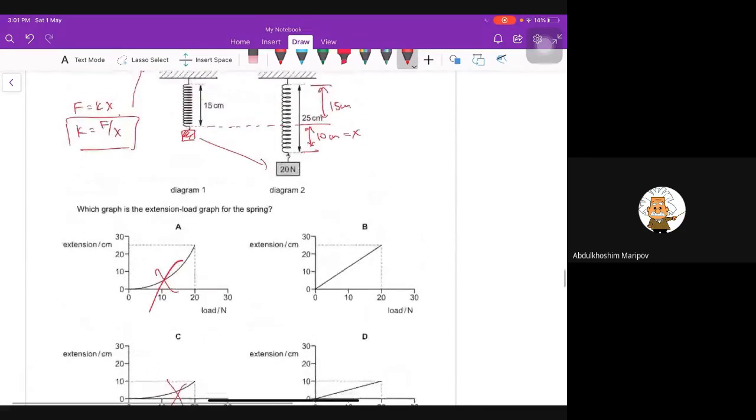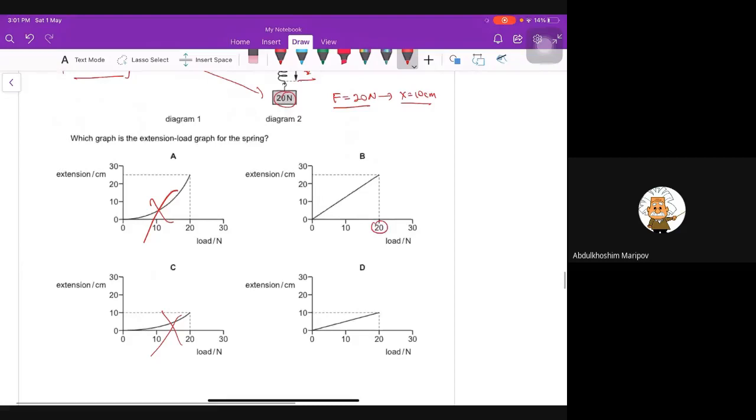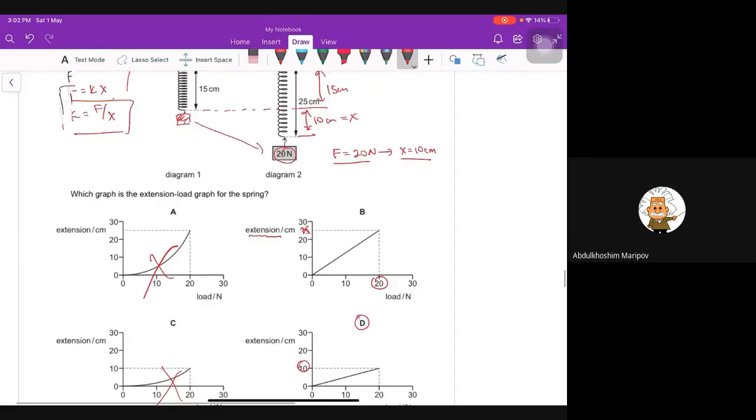When you apply 20 newtons of load, you have an extension x, which is 10 centimeters. So we have to see this comparison. For 20 newtons, it's 25 here. No, this is extension. Be very careful, guys: not the final length, but the extension. So 10. Okay, it's D. All right, our choice is D.